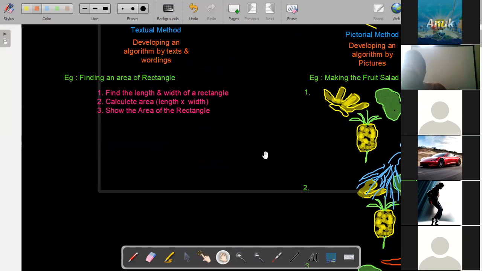There's a standard method. I will show you it as an example. But keep in mind, for the moment, we are not using that standard method when we are doing an algorithm by wordings and text.